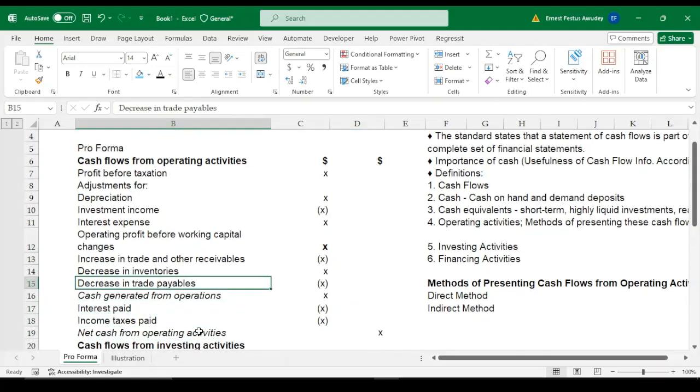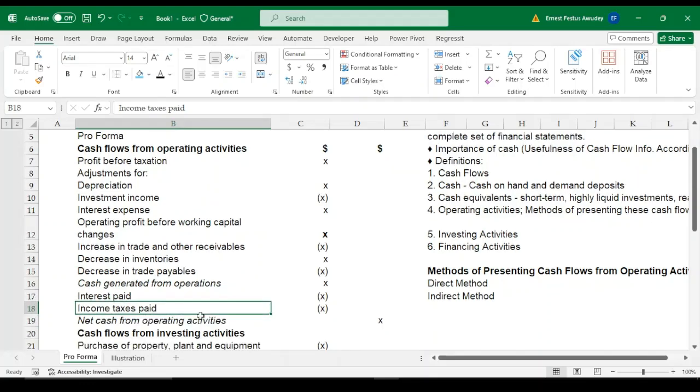And then after adjusting for the working capital changes, we get what we call cash generated from operations. And then we look at our interest paid as well as our income taxes paid. And this will give us net cash from operating activities. All right, so that is it.